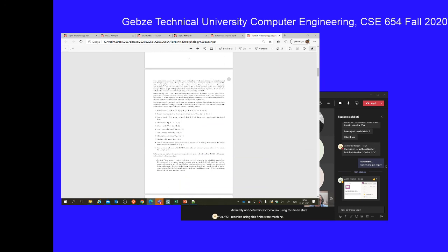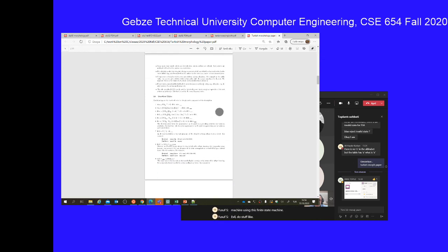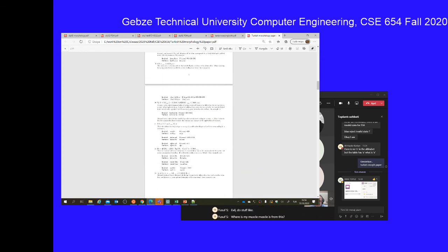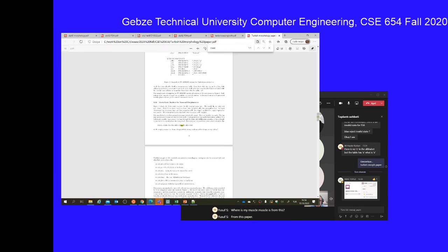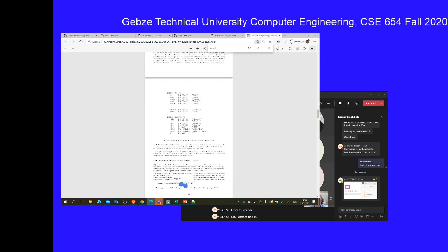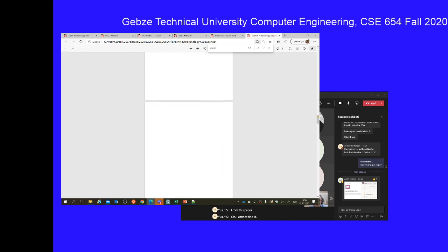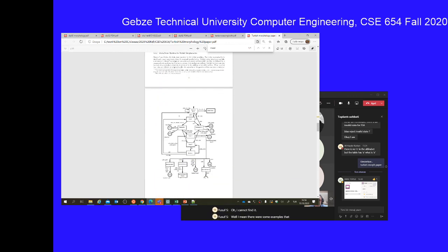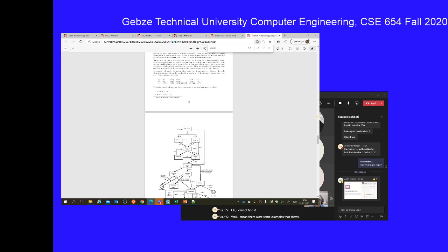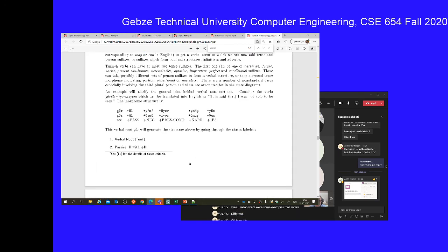we will do stuff like, where is my masal? Masal is from this paper. Oh, I cannot find it. Well, there were some examples that show different parses. Okay, here it is maybe. Görülemiyormuşum.